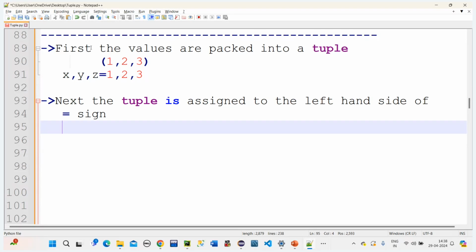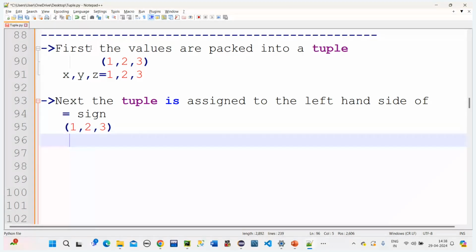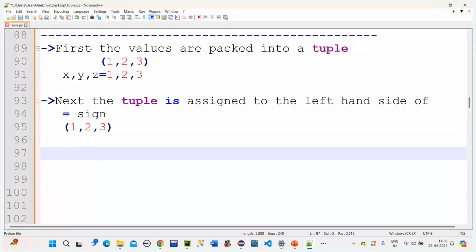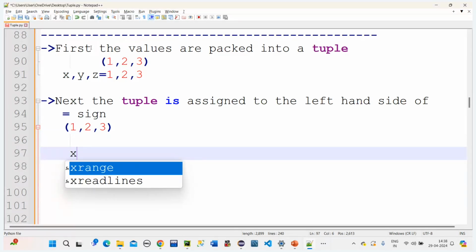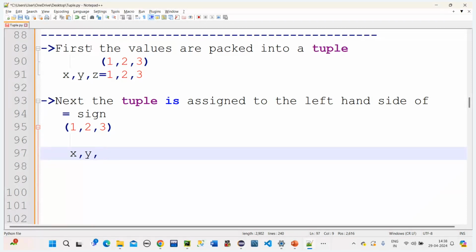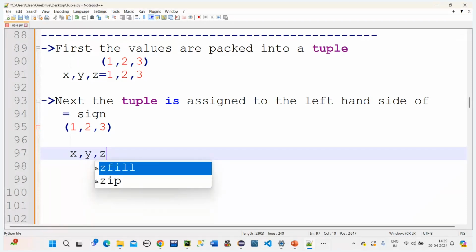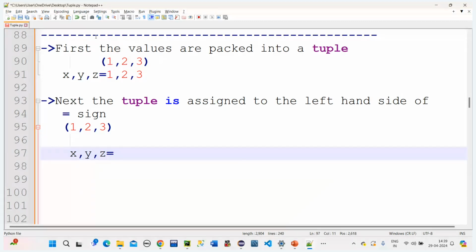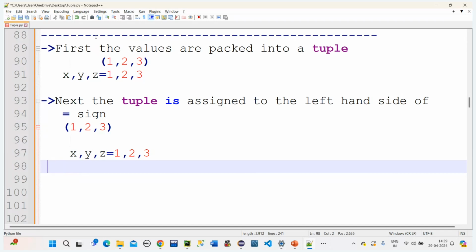So 1 is for X, 2 is for Y, and 3 is for Z. This is the inner story. From the left it is assigned.